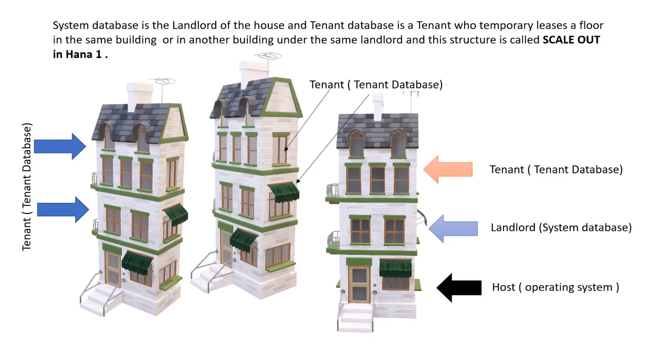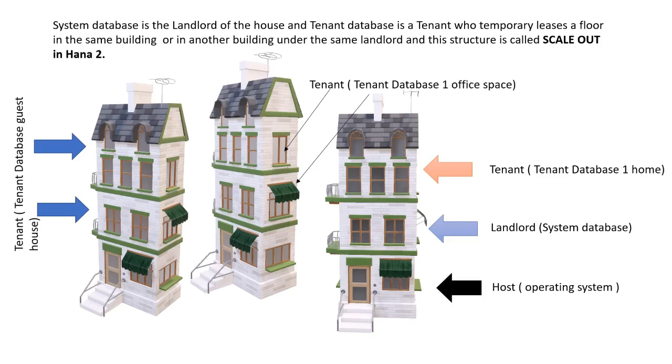All 3 houses are owned by a single landlord. That's what we call a scale out. It has multiple tenants, and all the tenants are divided but governed by only one system database.